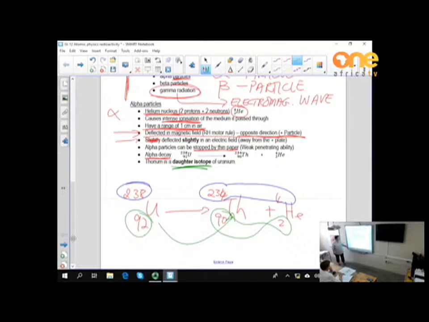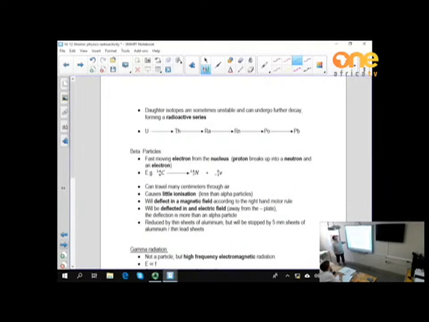Now, the next one, I've got the whole range. Uranium goes to thorium, and then thorium has a daughter isotope, radon, and is it radon? No, it's not radon, it is radium, and then radon, and then polonium, and then lead, and lead is stable. Lead won't break down any further.